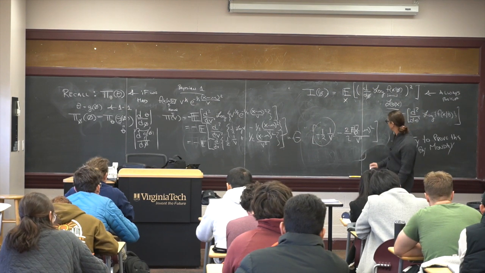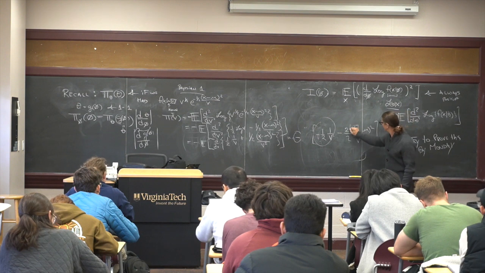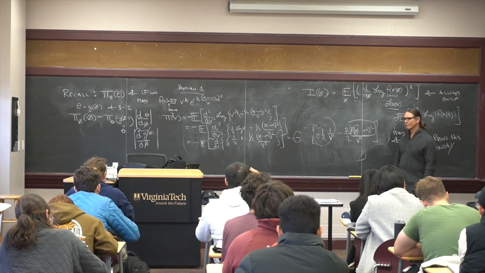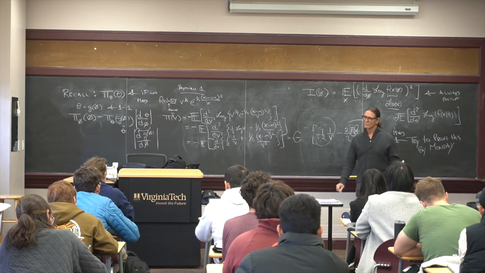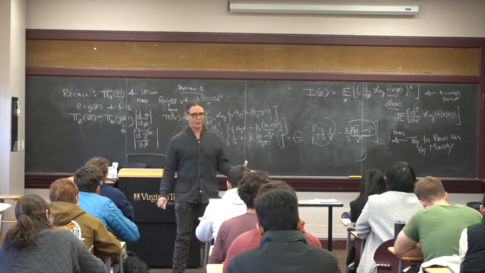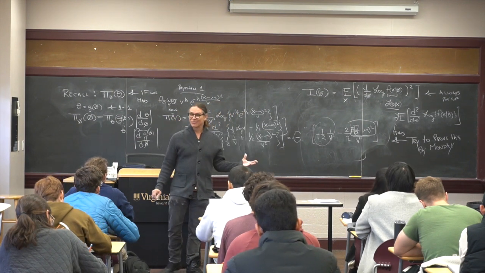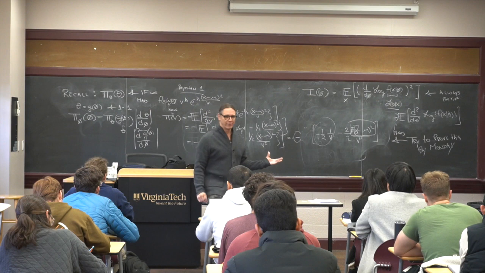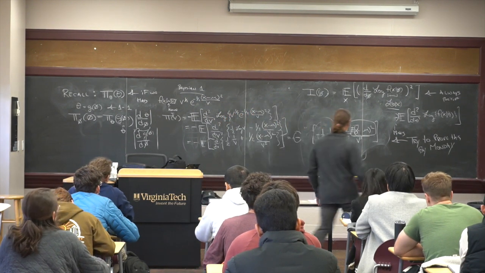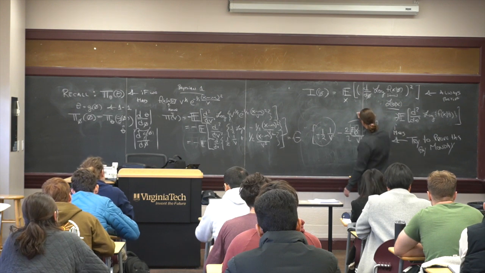So what's this thing right here? We could do the integral. Sounds like a fun exercise. Or we could just know what that means. What's the expectation of the squared distance from the mean called? That's V. That's V. Perfect.